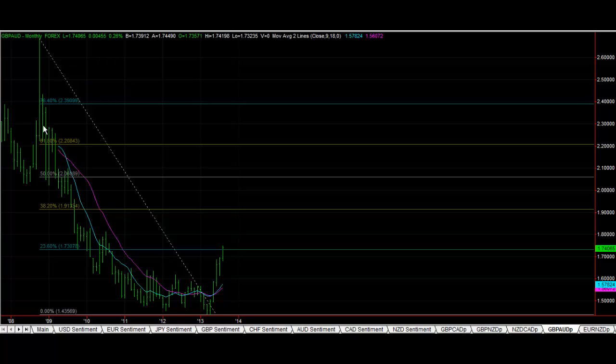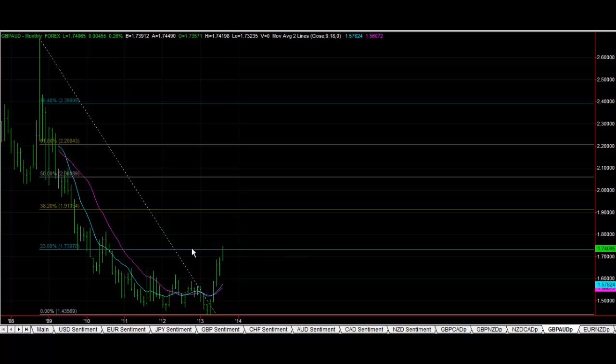We can see this huge move higher here back in late 2008 when the financial crisis was at its worst, all the way down here. In fact, this particular cross rate lost about 54% of its value from peak to trough during this period. Pay particular attention to this line right here.